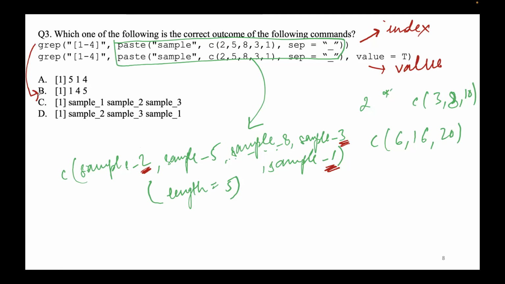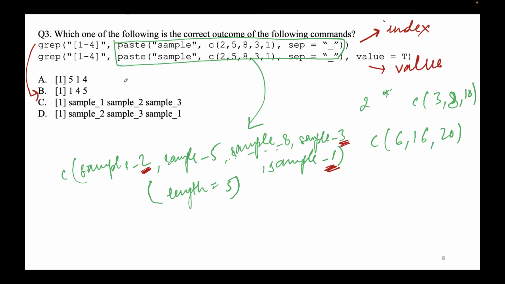Were you able to follow? Yes, no, maybe. The answer is D, you are saying? Yes, so there are two options here, right? There are two things that we're talking about.